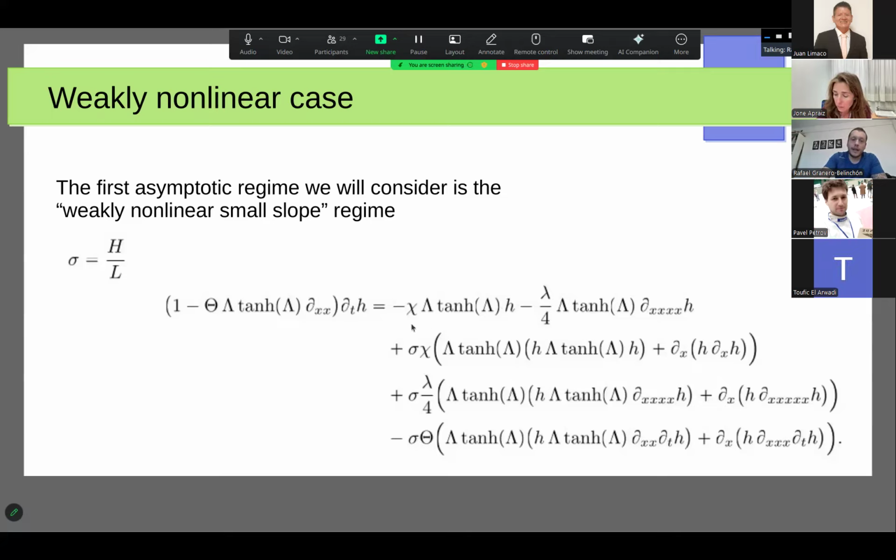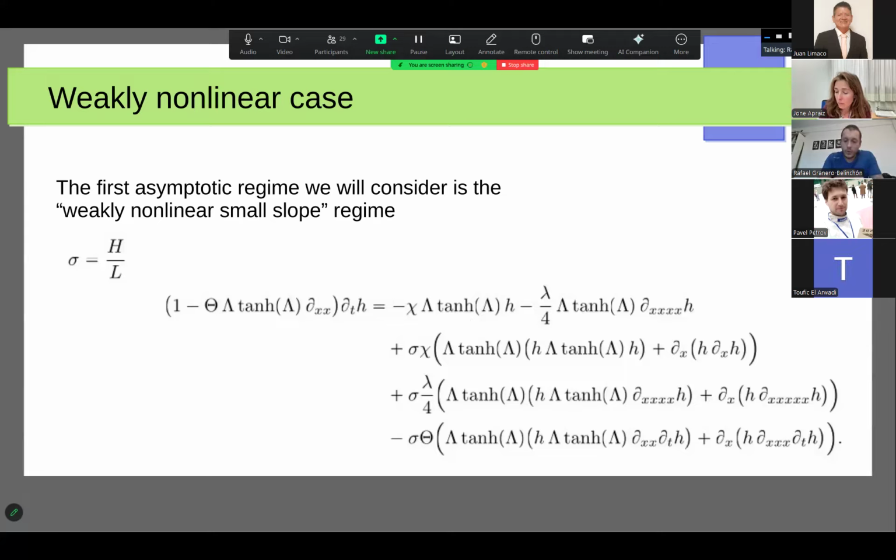So basically, everything can be reduced. The full system can be described by this single nonlinear and non-local PDE, because every time we have these Fourier multiplier operators, we have some non-locality present in the problem, up to an error of order sigma squared.